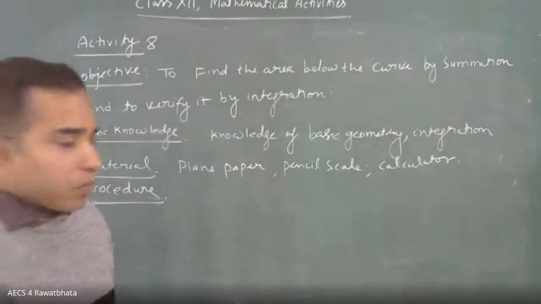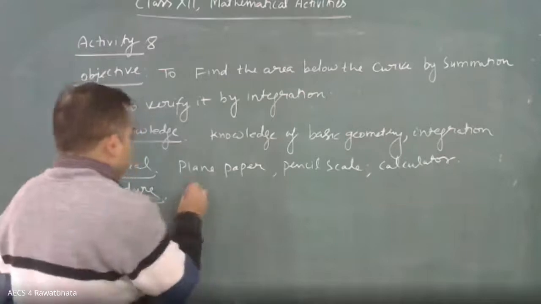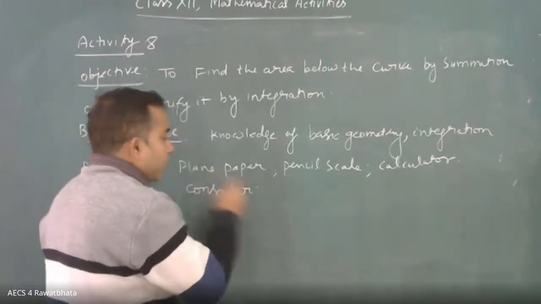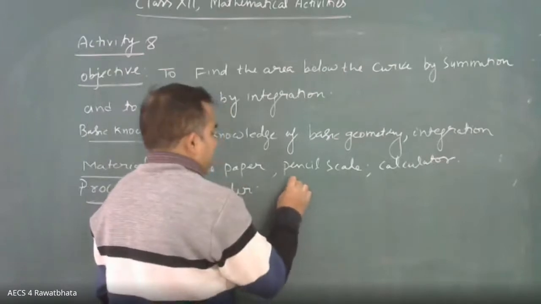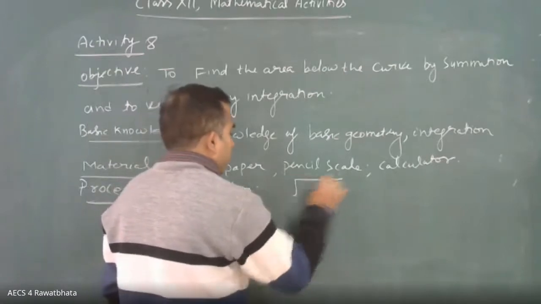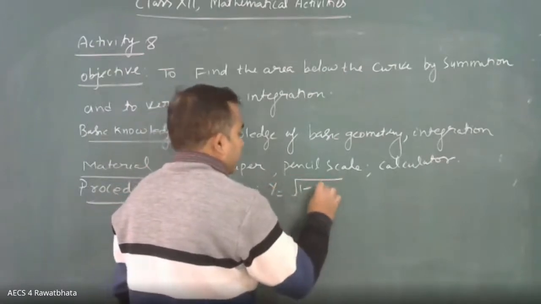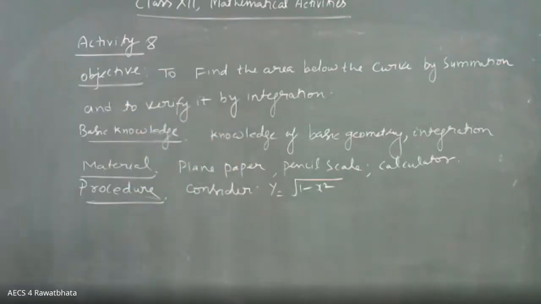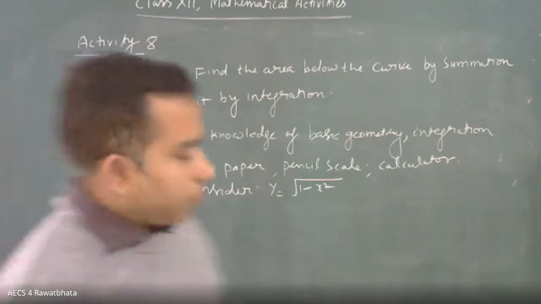What you do, you take a function. Let us take y equal to root of 1 minus x square. So can someone tell me that this will represent which geometrical shape? Semicircle.